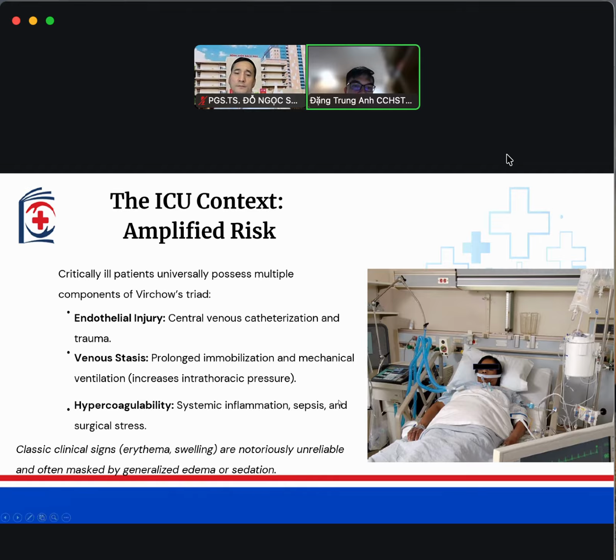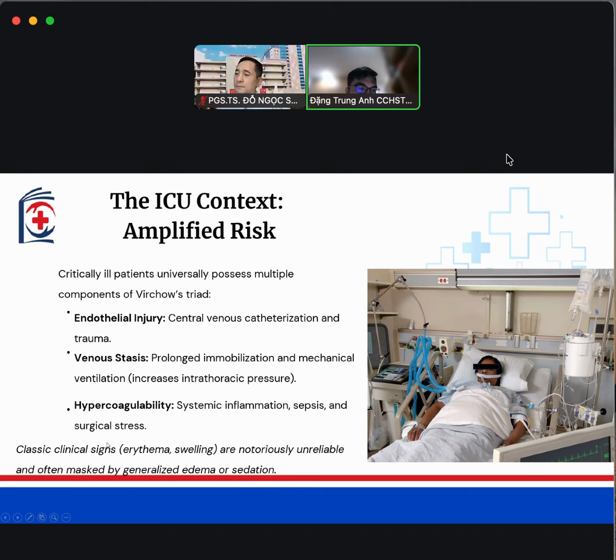Also, when the patient is critically ill with systemic inflammation, sepsis, and surgical stress, that makes a hypercoagulability state. So all of these things make patients in the ICU always have a higher risk for DVT than other patients.